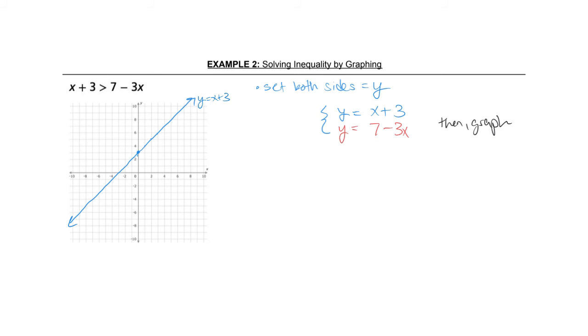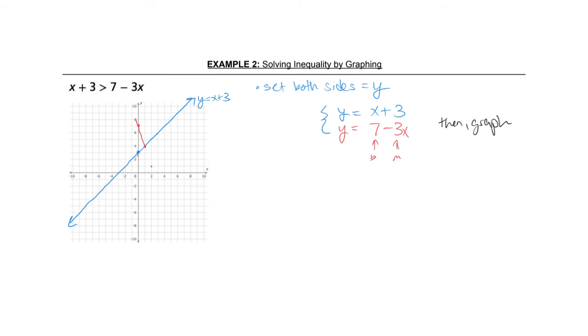Right, and then our next part is drawing the second graph, which is y equals 7 minus 3x. So our y-intercept is b, and this is our slope. It's just written in a different form. So we're going to plot at 7, and we have a slope of -3, so we go down 3 and to the right 1.